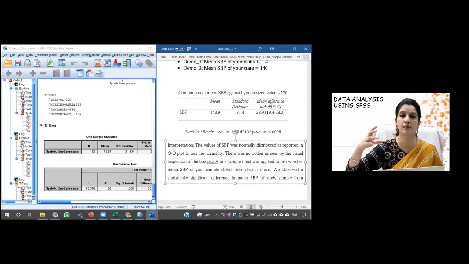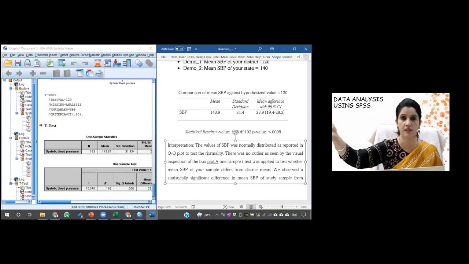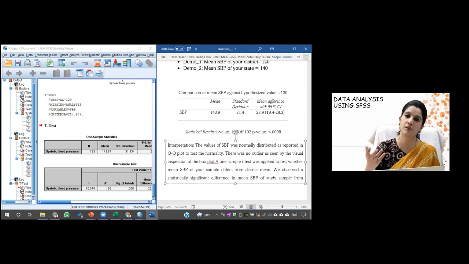Suppose the mean BMI by this NFHS from all over India, we know that the mean BMI of the Indian population is 23. And if I have selected a sample of MBBS students and I want to know whether this group is different from all over India or all over state or all over district or not. But it depends on the research question. If you don't want to do this study, then you need not apply this one sample t-test.